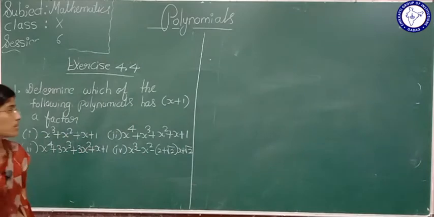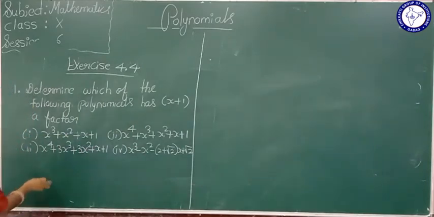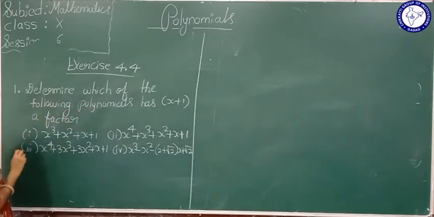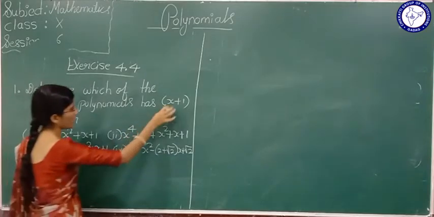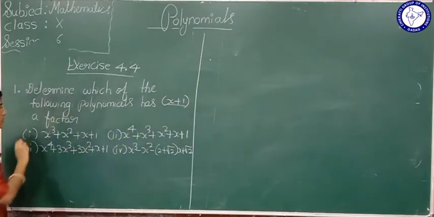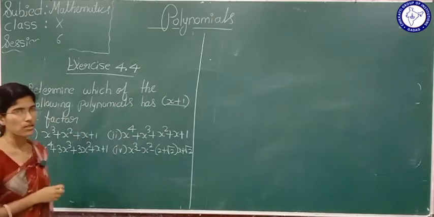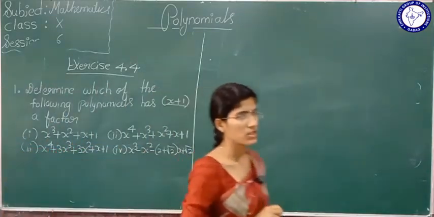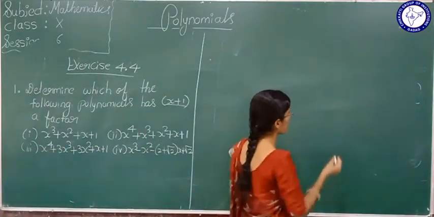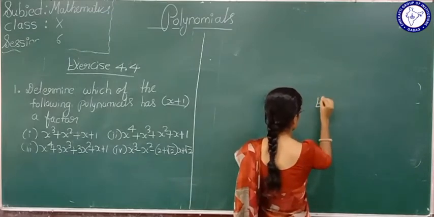Now see here, they have given 4 polynomials. Okay, determine which of the following polynomials has x plus 1 as a factor. We have to determine x plus 1 is a factor of which polynomial. We have to tell here. Now see here students, I will give one example.